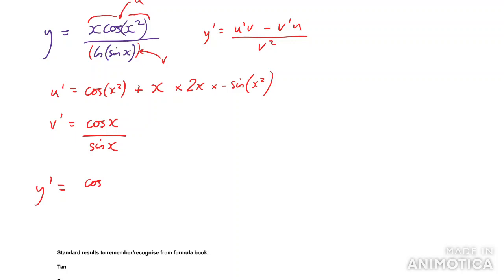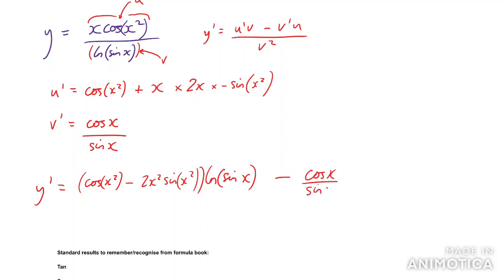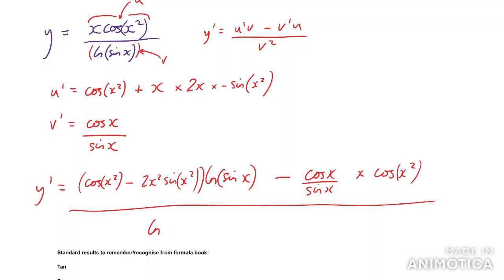That's cos x squared minus 2x squared sine x squared times ln sine x, because that's our v, minus cos x over sine x times our u, which is x cos x squared, all over ln of sine x squared.